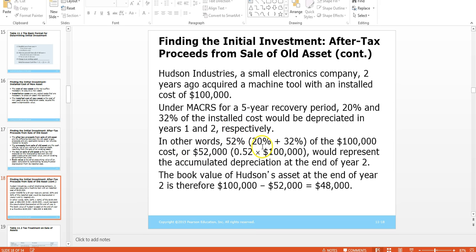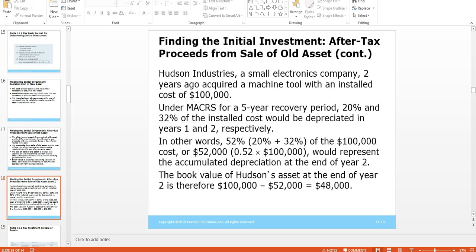So 52%, which is the sum of these, of the $100,000 cost, would represent the accumulated depreciation at the end of year 2. That means the book value is $48,000. How do I determine the book value of something? It's the $100,000 installed new cost minus how much it's been depreciated by.